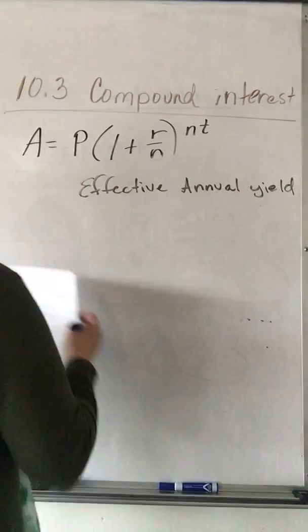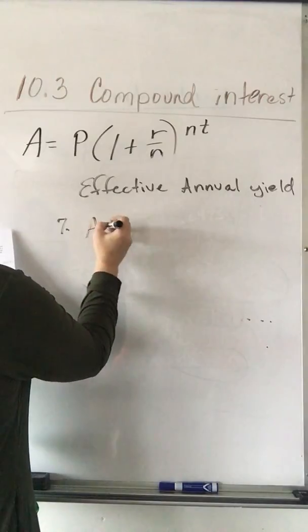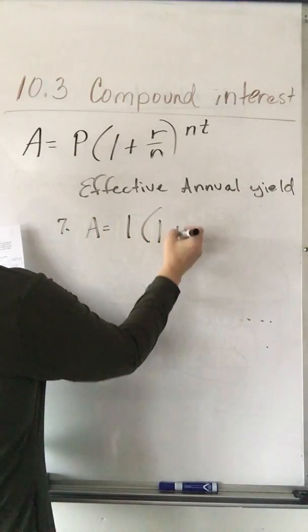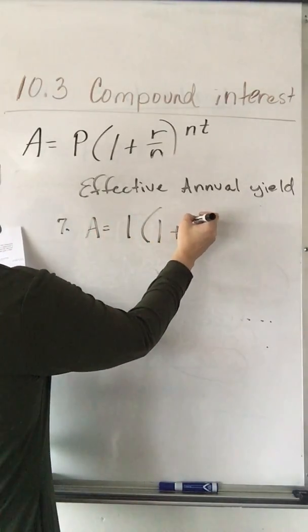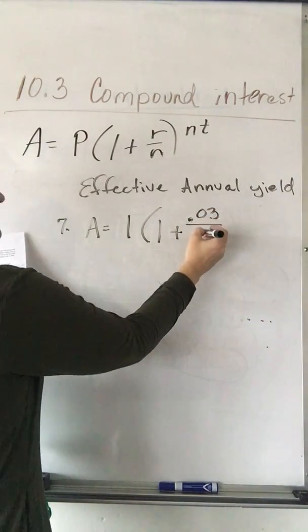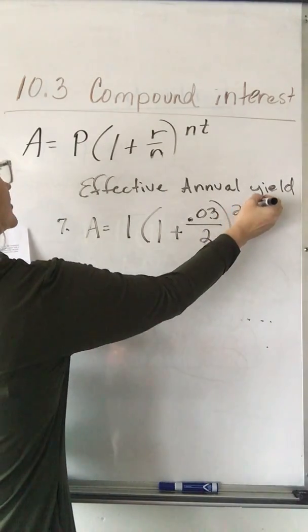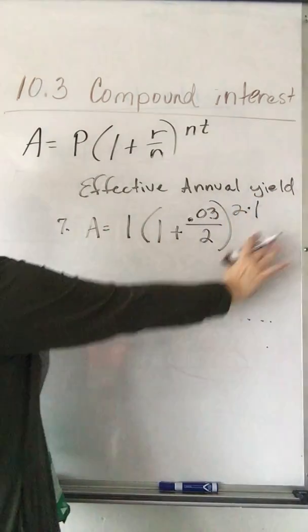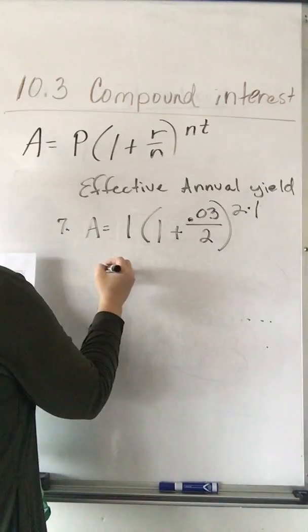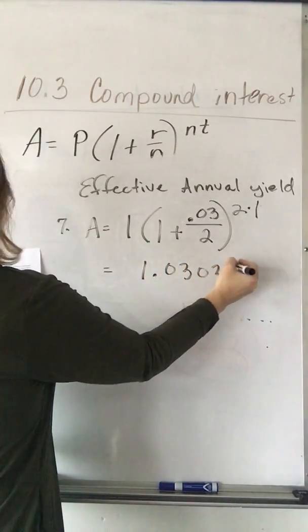All right, another example, 7, we just do this again. Effective yield means do your formula with $1 for P, fill in whatever interest rate they say. It says 3% on this. It says semi-annually, so we use a 2 for semi-annually here and here, and then we do 1 year. So we type this on our calculator, and we get 1.030225.